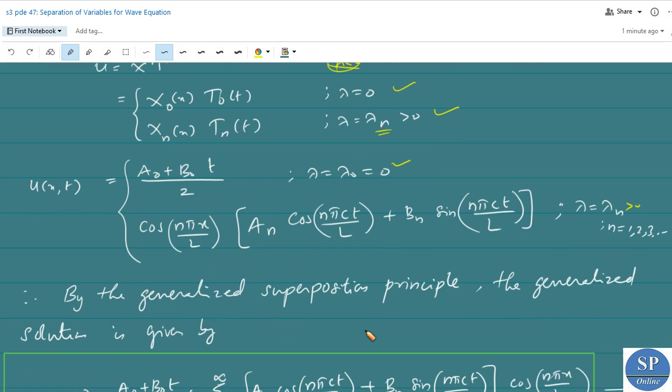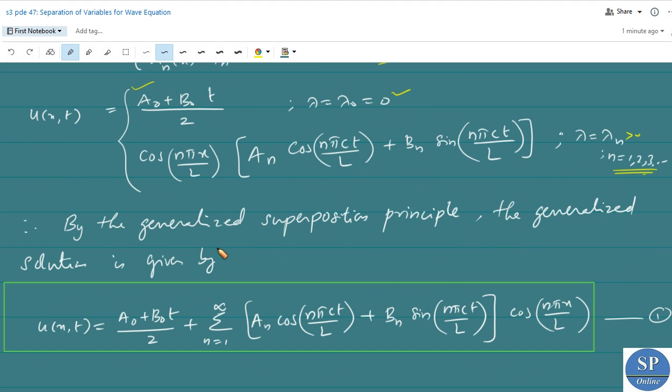Now, applying the generalized superposition principle: this is a solution when lambda equal to 0, and when lambda is greater than 0, we have these as solutions. So for different values of n, for lambda 1 when n equal to 1, by the generalized superposition principle, the sum of these solutions will also be a solution.